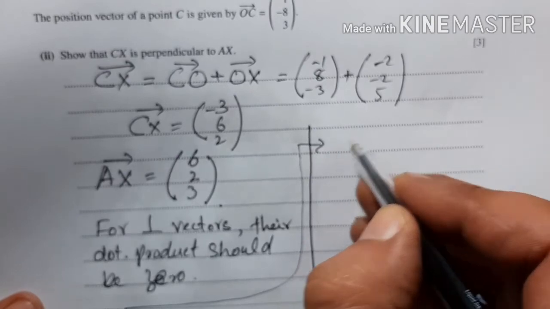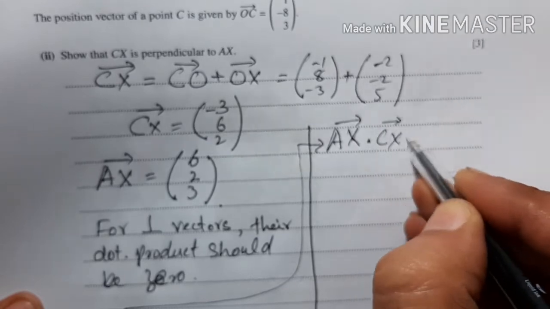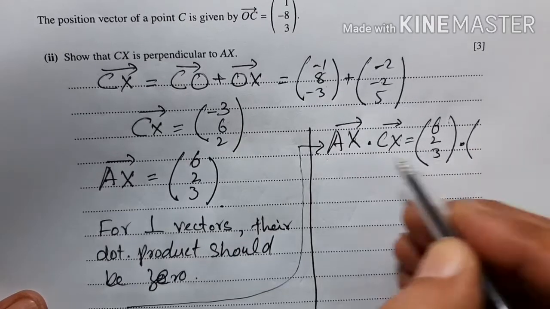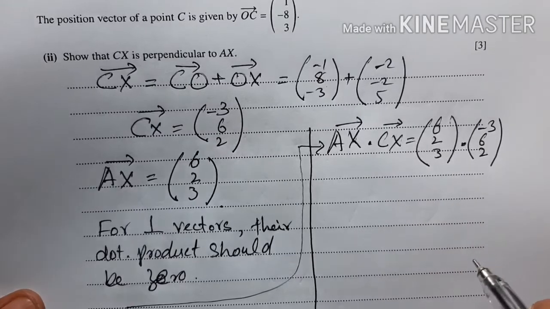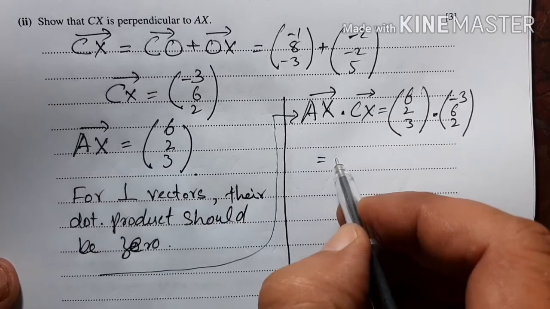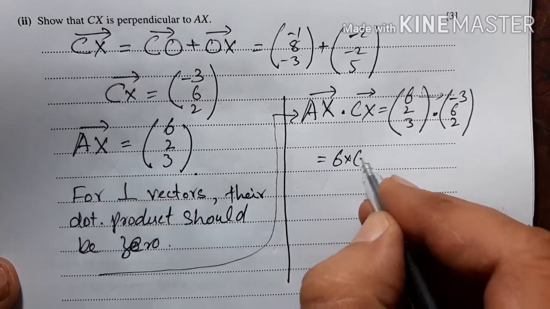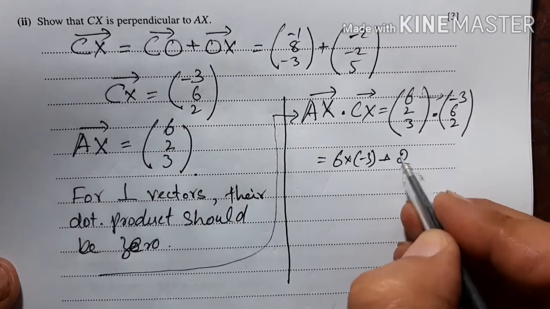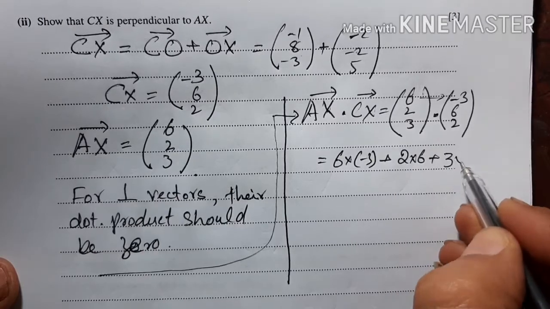The dot product of AX with CX: AX is 6, 2, 3 and CX is minus 3, 6, 2. 6 times minus 3 is minus 18. 2 multiplies with 6 gives 12, and 3 multiplies with 2 gives 6.